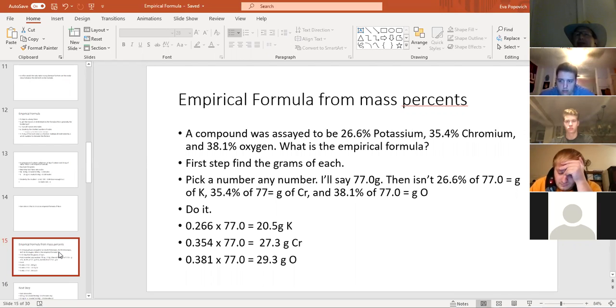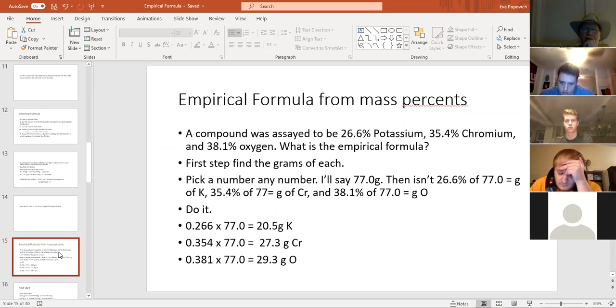But let's be sensible about this. If I choose 100 grams as my fictitious amount, wouldn't 26.6 grams of that be potassium? And wouldn't 35.4 grams of that be chromium?